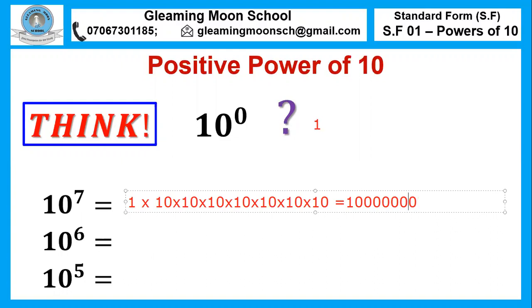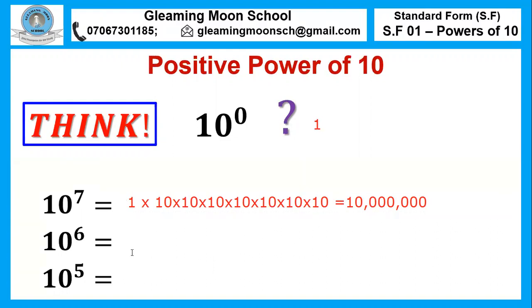So we go 1, 2, 3, and then comma. 1, 2, 3, and then comma. Can you see the number we have? We have 10 million. So 10 raised to the power of 7 is equal to 10 million.